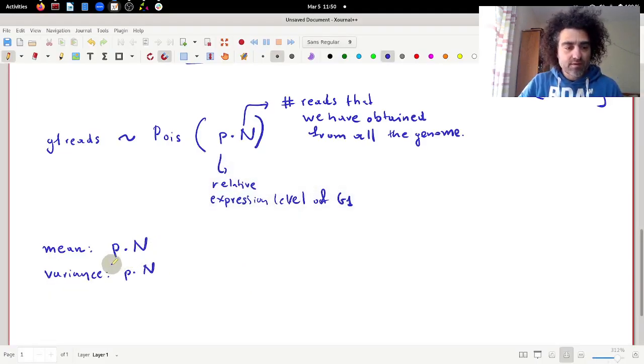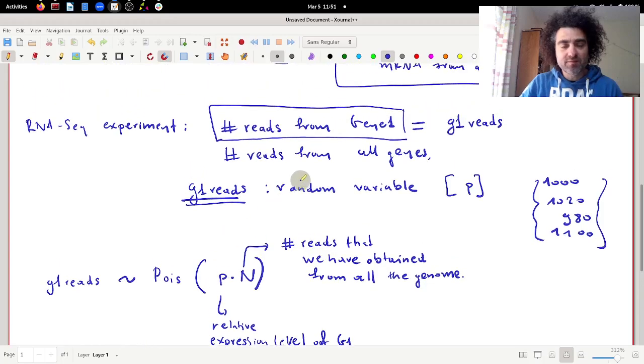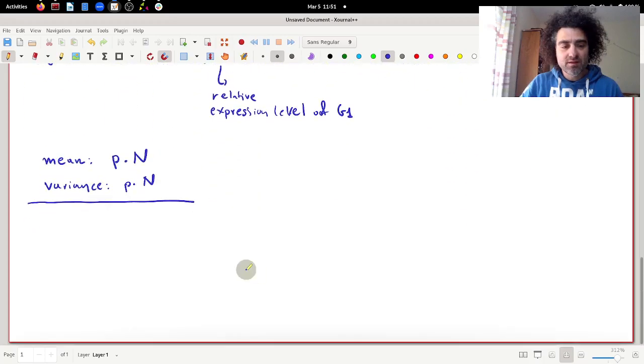Now, this variance describes very well the variance from such a process if the P, this parameter here, between replications remains the same. So as I said in the beginning, if we do this experiment one time and then we repeat it another time and then a third time with the same parameter P, then this is a Poisson variable.